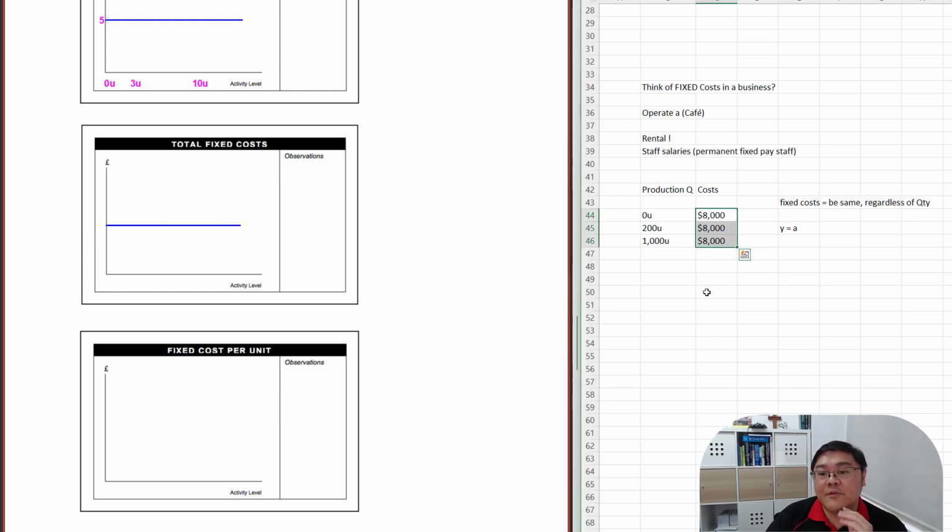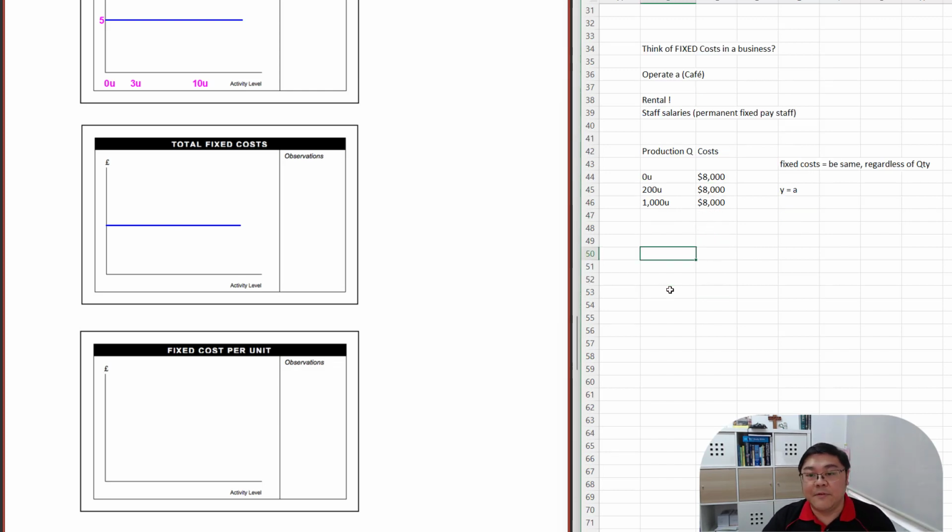I would like you to think about this. Imagine if you have a factory, and your rental per month is $10,000.